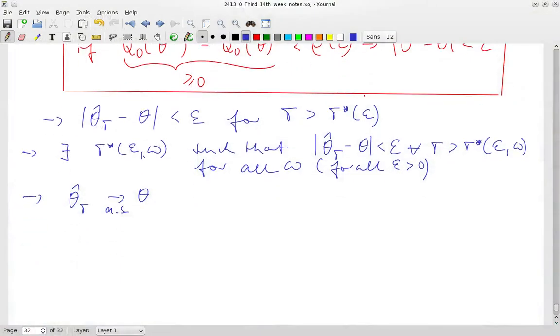We can write it in a different form and say, okay, the probability that the limit of theta hat t is the true parameter value theta, and the probability for that event is 1, and that is essentially what we wanted to show.